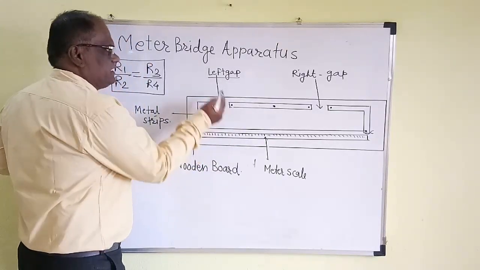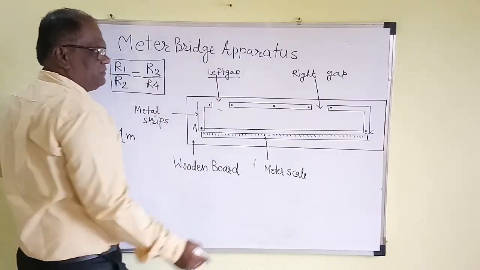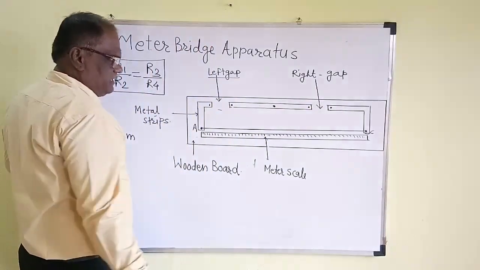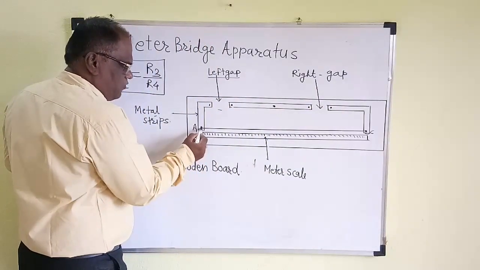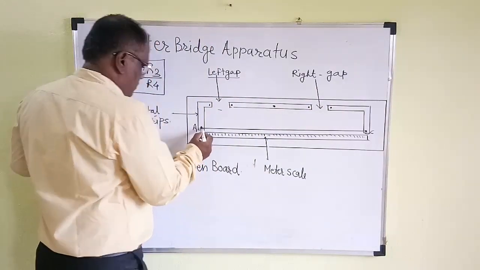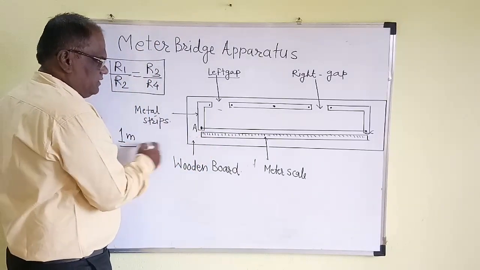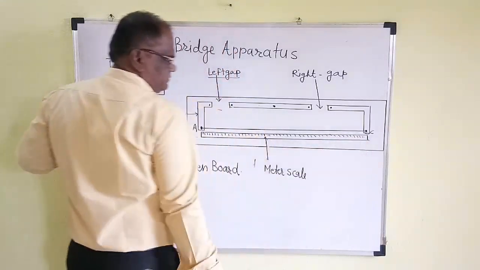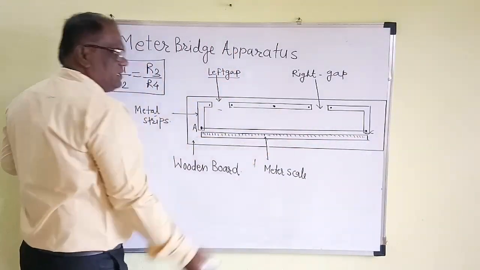This gap, let us say, is the left gap. This gap is the right gap. Thus, a uniform wire whose length is 1 meter is stretched on the wooden board between two metal strips.